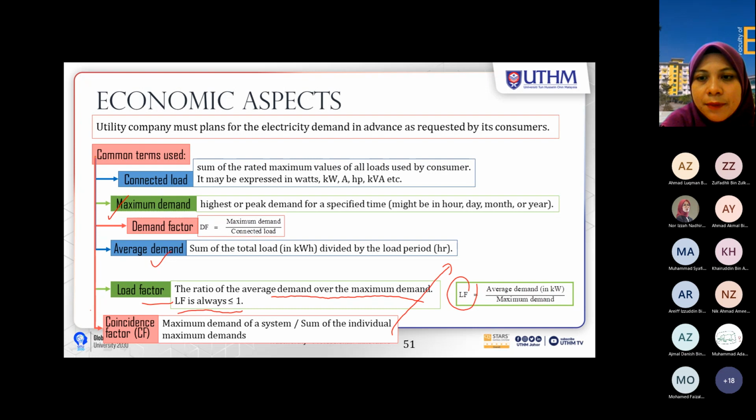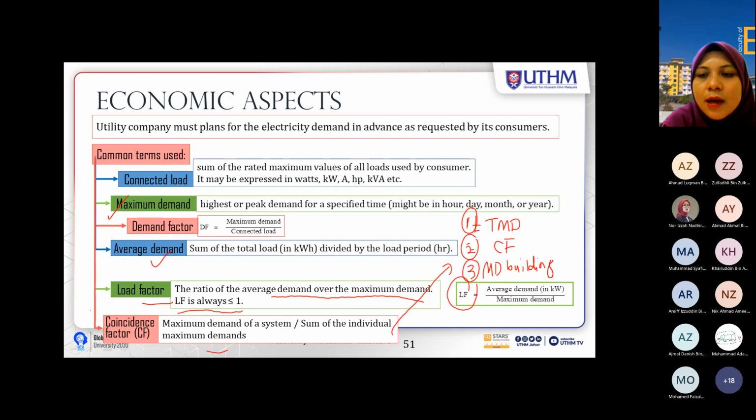So once you dah dapat TMD, which is the sum of the individual maximum demand, okay, you kena take into account the coincident factor. Then you can get what is the maximum demand of the building.